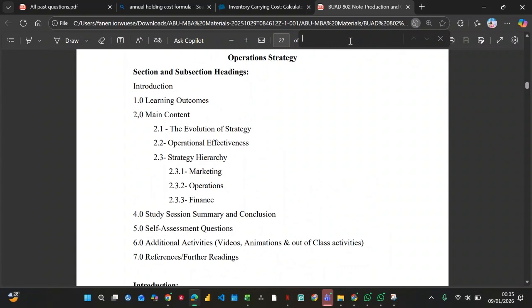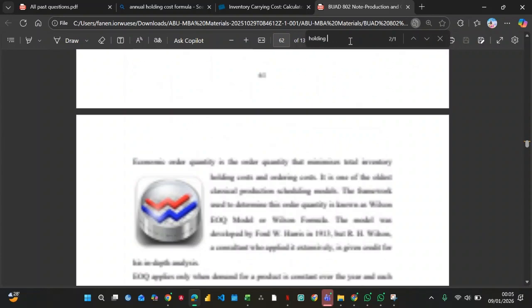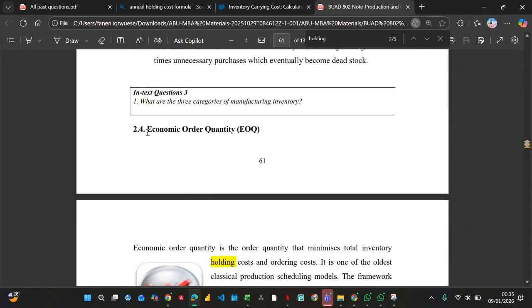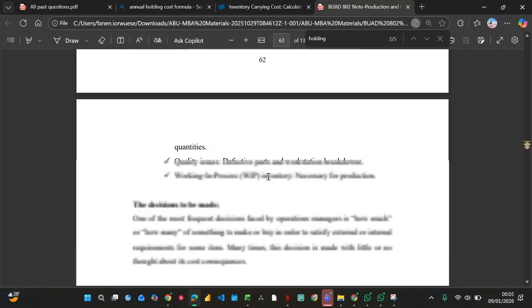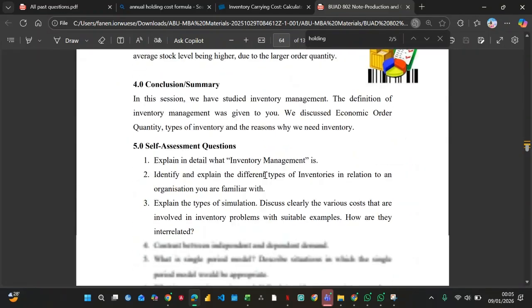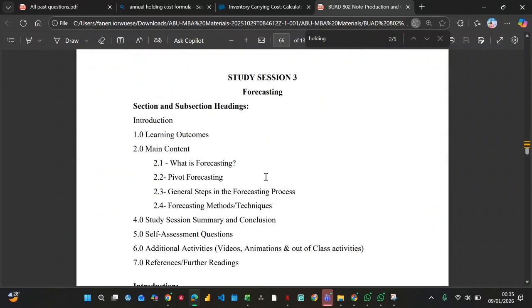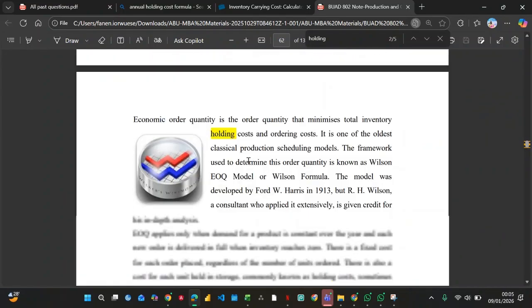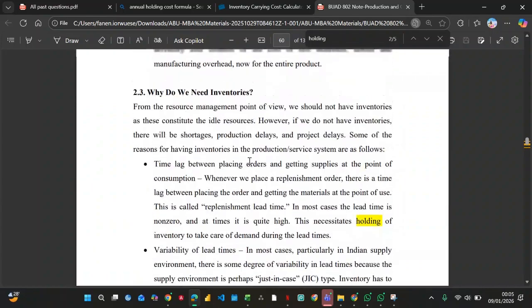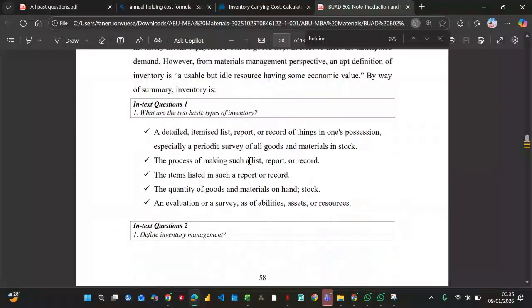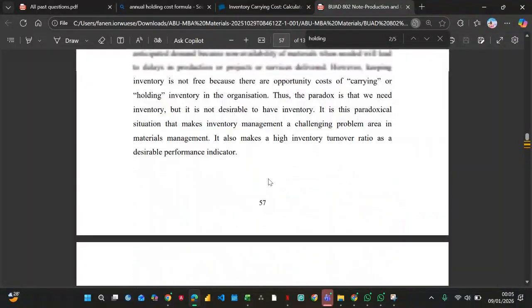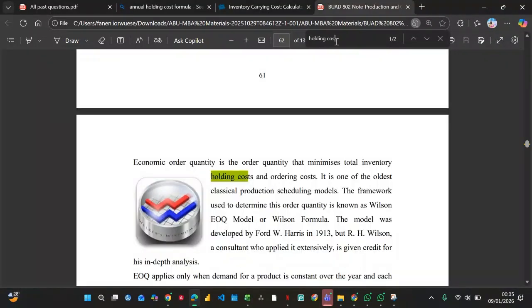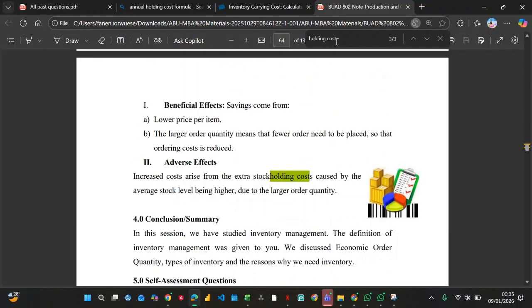I solved that in my tutorial summary. Let me just confirm the holding cost formula.